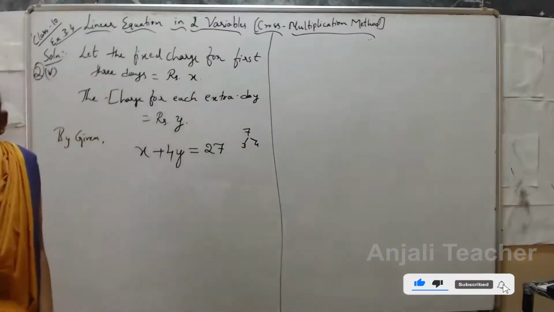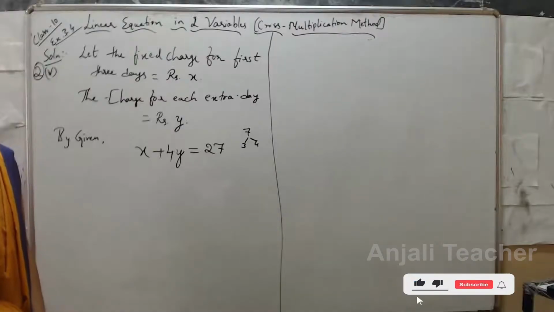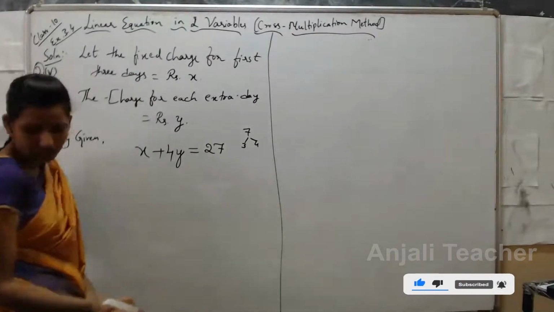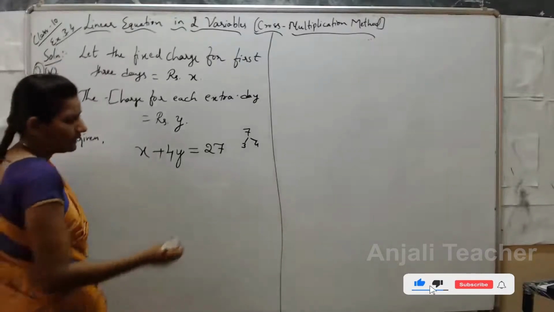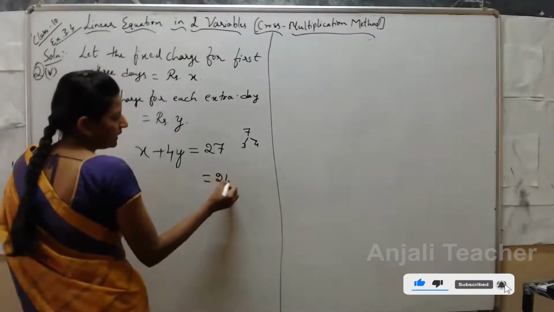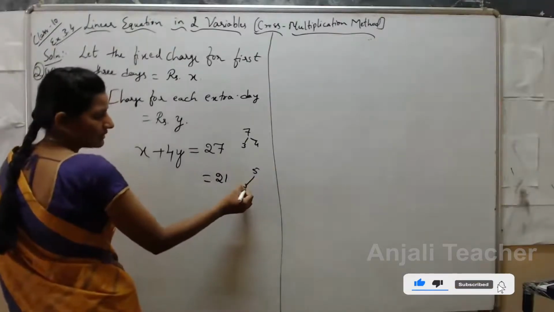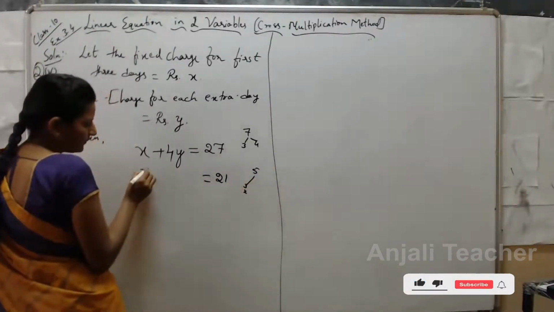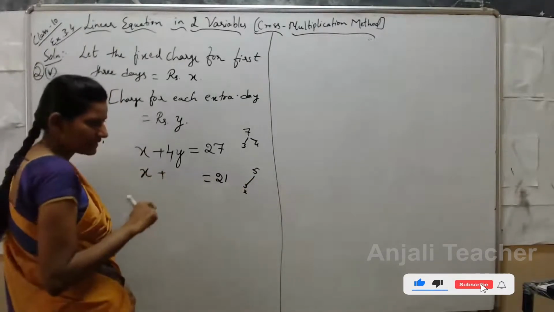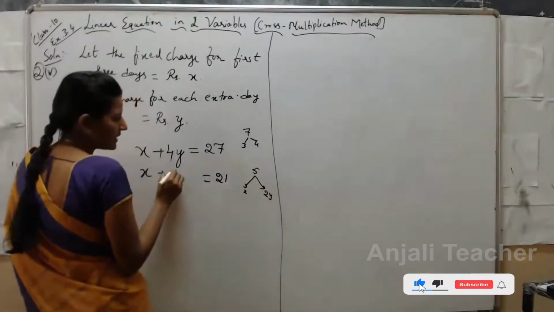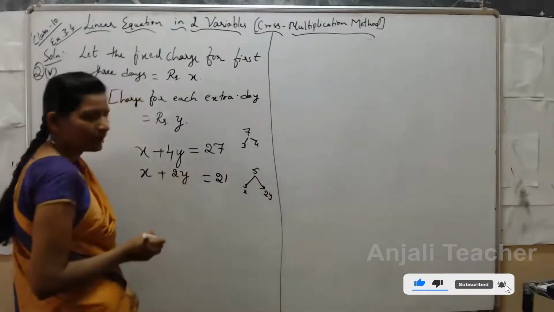Again, Sushi bought the book and kept it for 5 days, and she paid 21 rupees. The first 3 days fixed charge is X. Remaining 2 days is a variable charge.